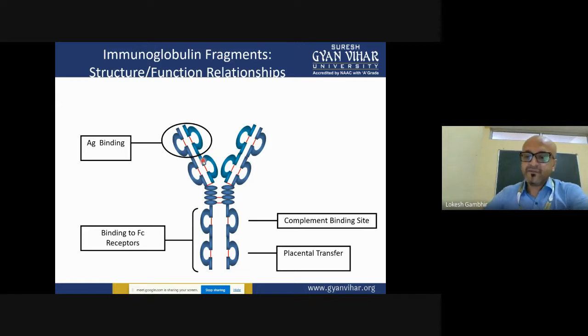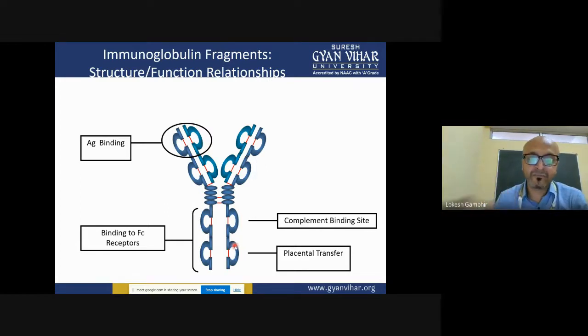Then, talking about this structure-function relationship, this is the site that can bind to the receptors present on the cell in order to activate the immune cells. The third domain of the constant region is responsible for transfer from mother to the fetus.